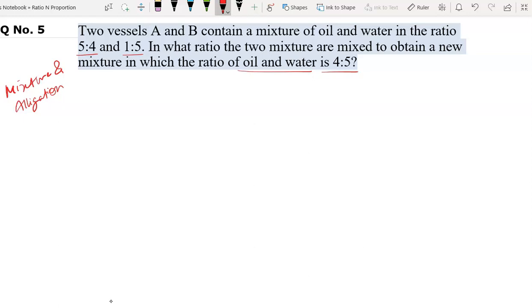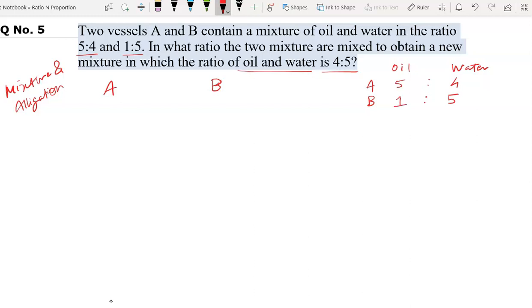So in this question, we have two vessels. We have vessel A and we have vessel B. Now in vessel A, oil and water, they are in the ratio 5:4. And in vessel B, it's in the ratio 1:5.